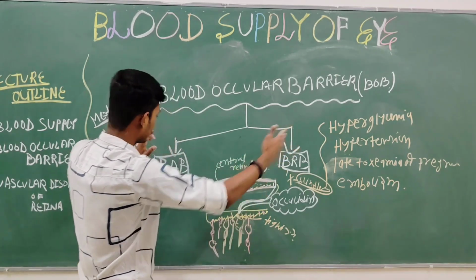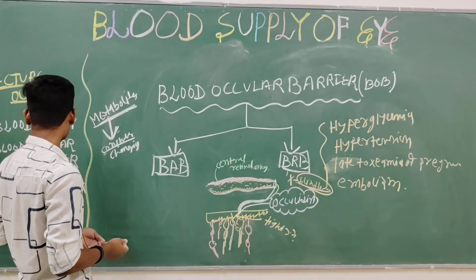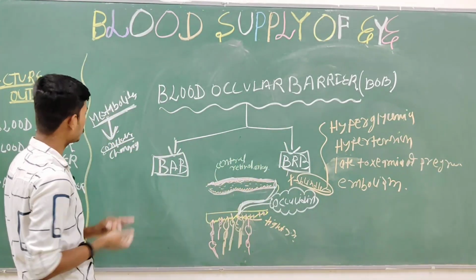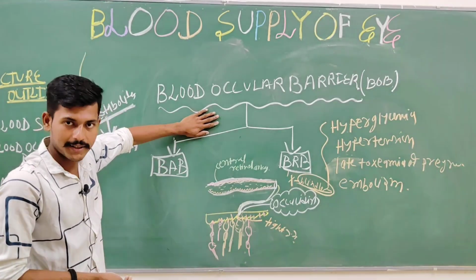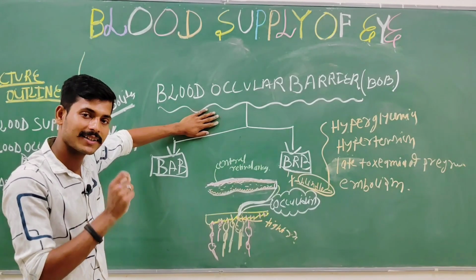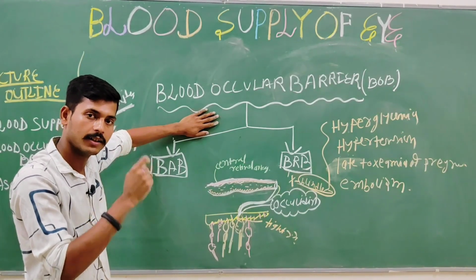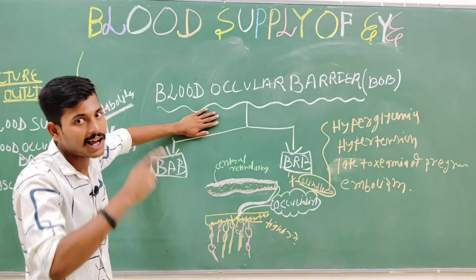Understanding? We will go deeper into the vascular disorders of the retina, but for a while just understand that there is something called the blood-ocular barrier, and this barrier is mainly meant for separating the blood environment from the eye environment.